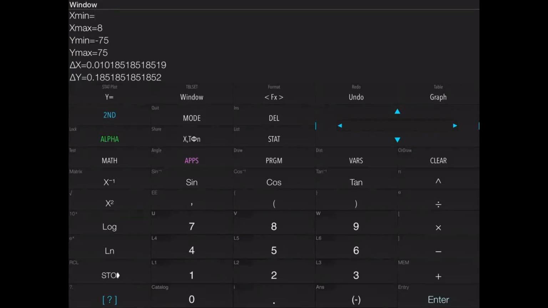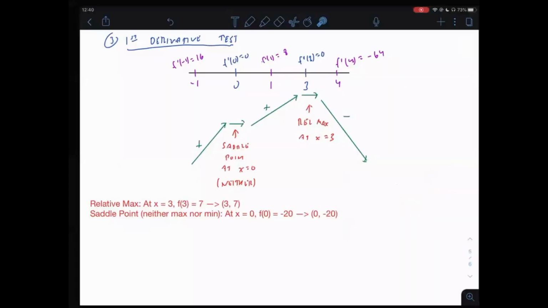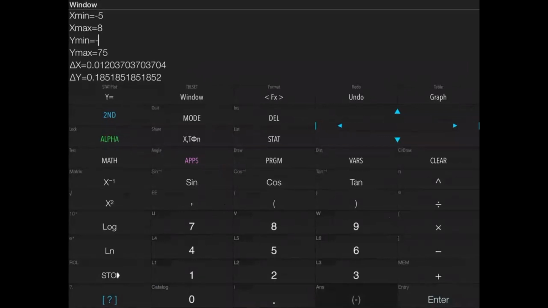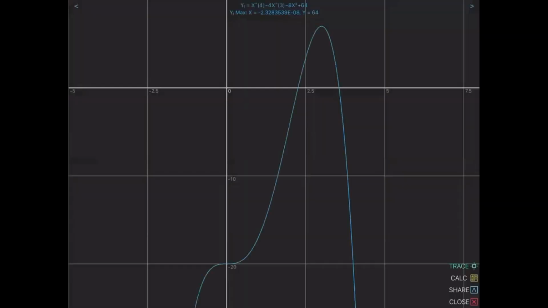I'll do negative 5 and 8. That should be good. And then our y values, our relative maximum was at 7. And then our saddle point was at 0, negative 20. So let me do negative 25 to 10 for the y limits and graph.